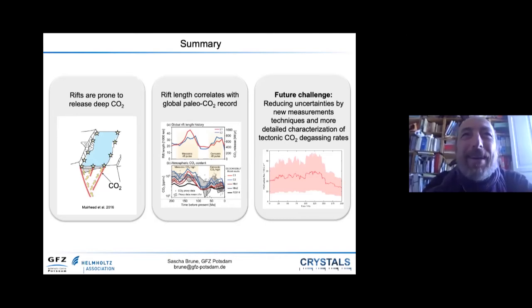Just a curiosity, a question for Sascha. If most of the reconstruction and modeling are based on the length of these features, like the length of the rift zone or the length of the subduction zone, and how they evolve during time, how much could the variability along the length be important?